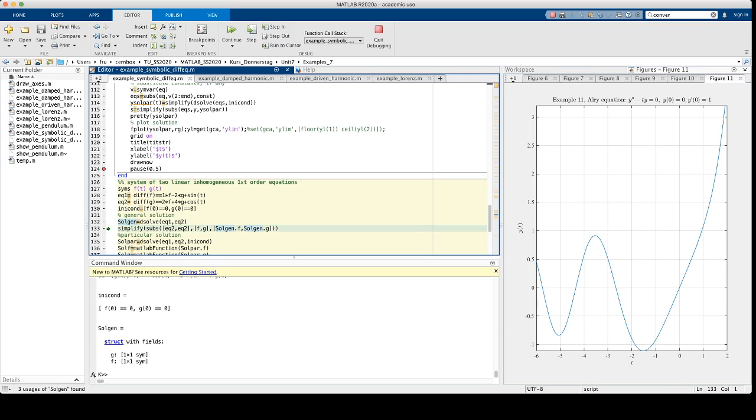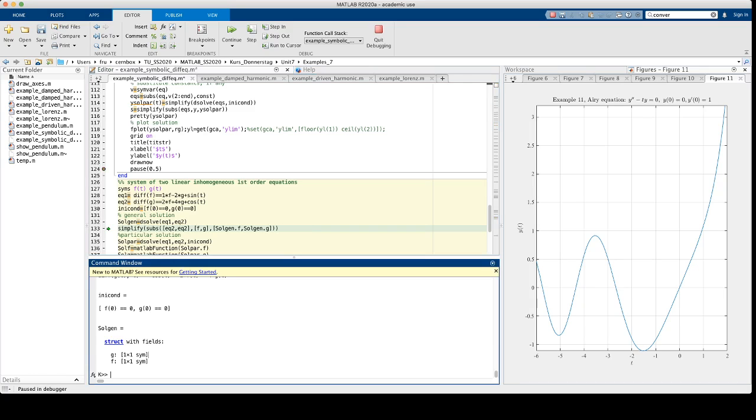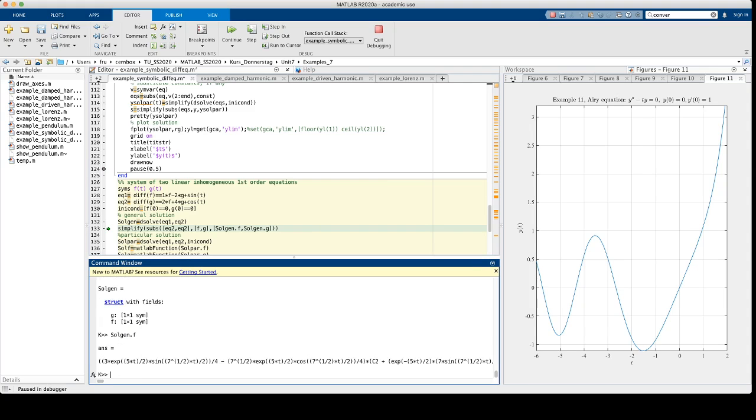The general solution is now contained in a structure with two fields. The solution for f has this form, and the solution for g has this form.